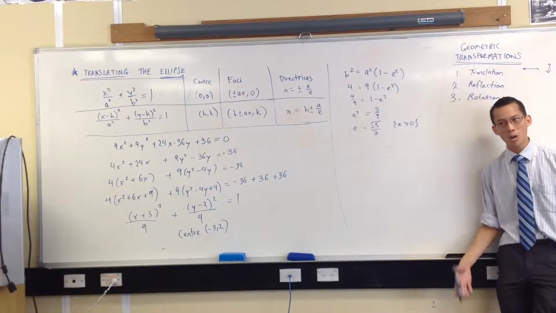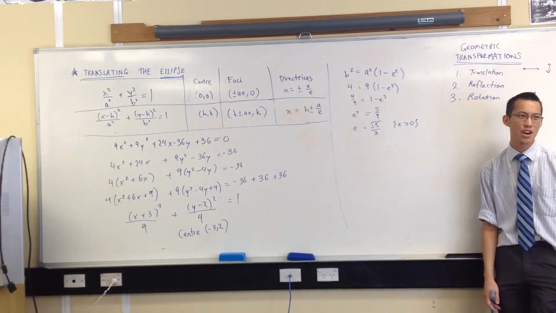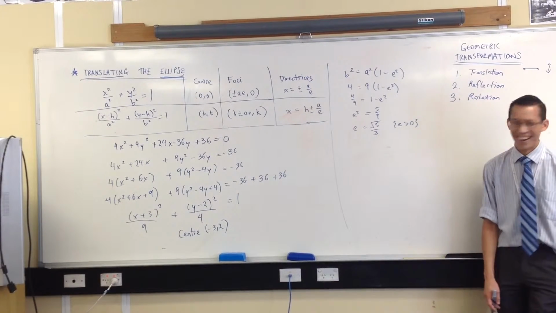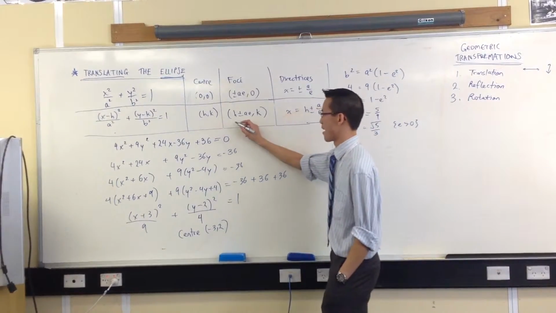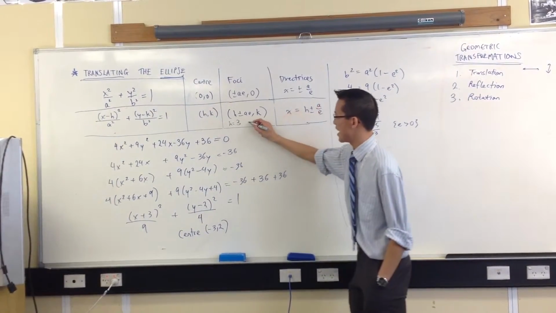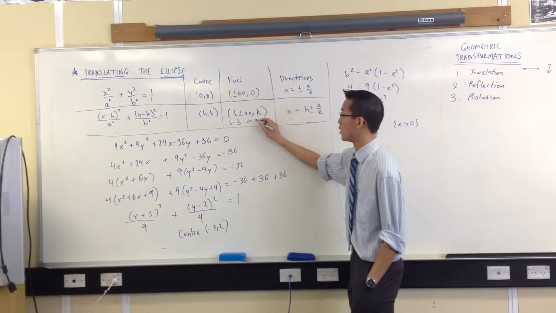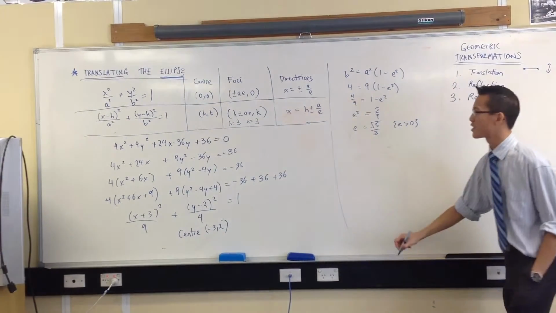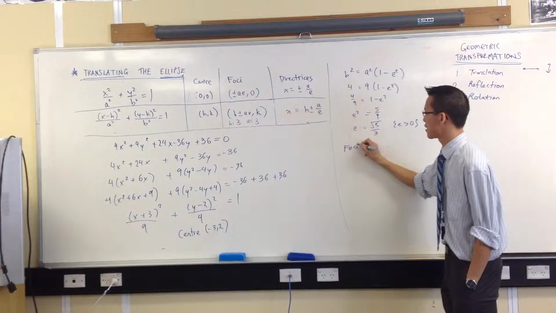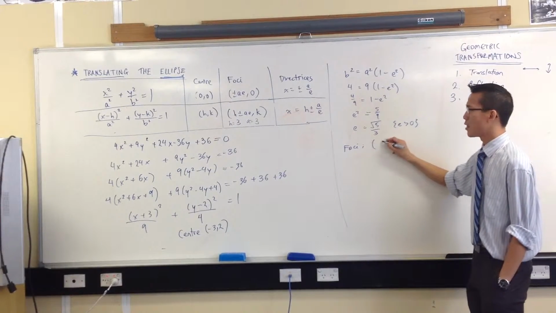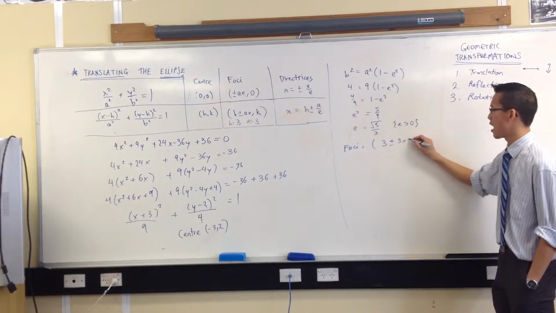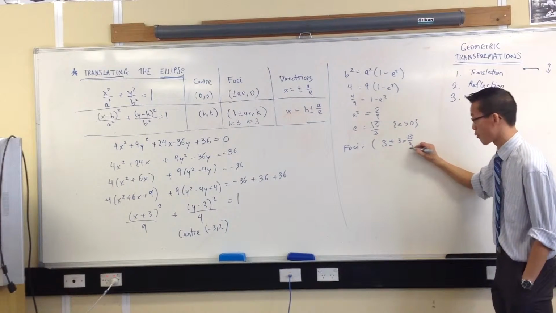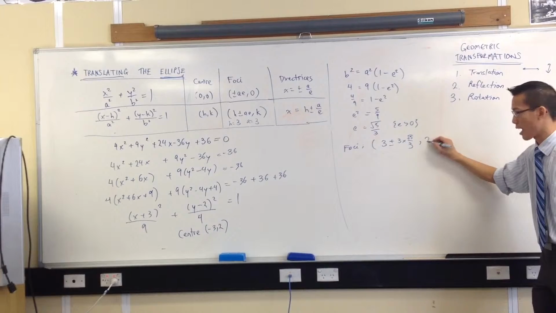Okay, so we're more or less there. Do we need to finish it off, or do you guys reckon you could do the monkey work? We can do the monkey work. Okay, see if you can keep up with me. If I can do it faster than you on a whiteboard, that's a bit embarrassing. h equals minus 3, a is equal to 3 as well. So therefore, my foci should be at minus 3 plus or minus 3 times root 5 on 3, comma, k.